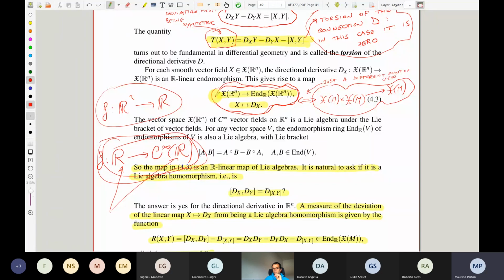And why do we do this? For a very important reason. Now we have vector fields here, and endomorphisms here. You know that on vector fields we can take the bracket. I just told you, this bracket is a product.